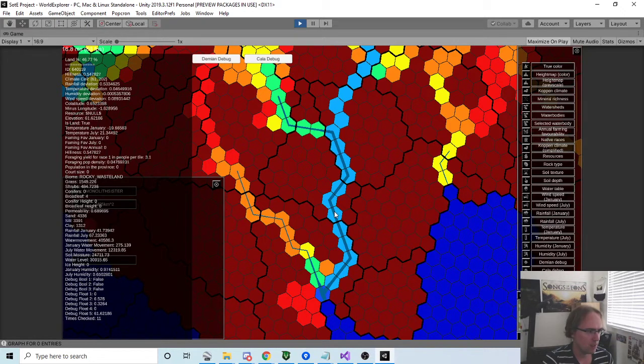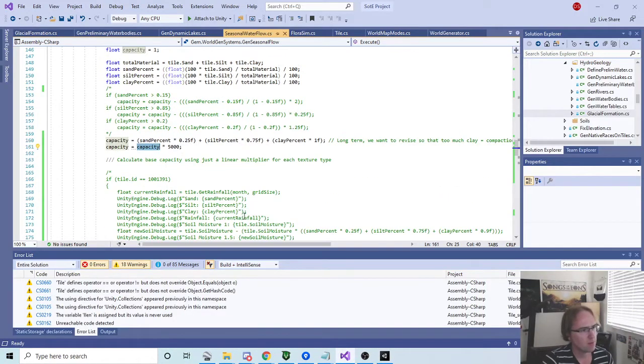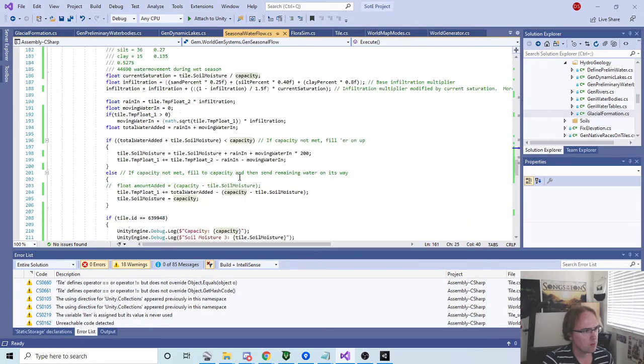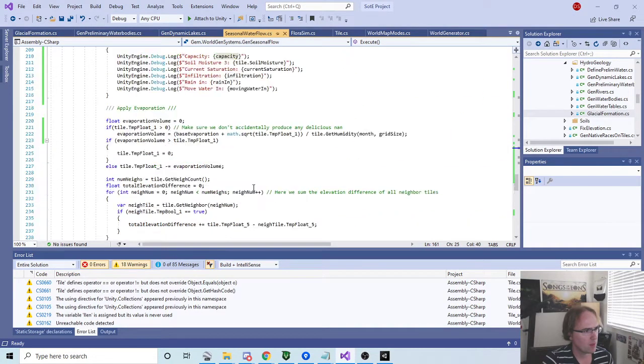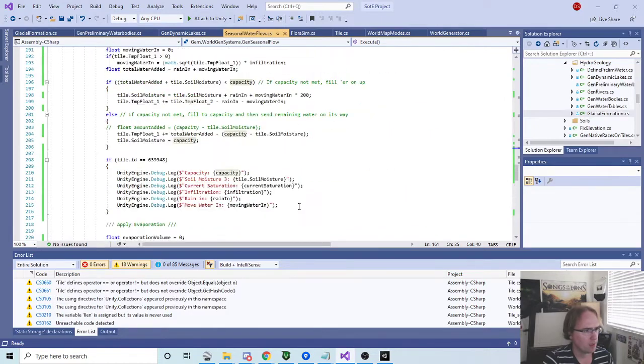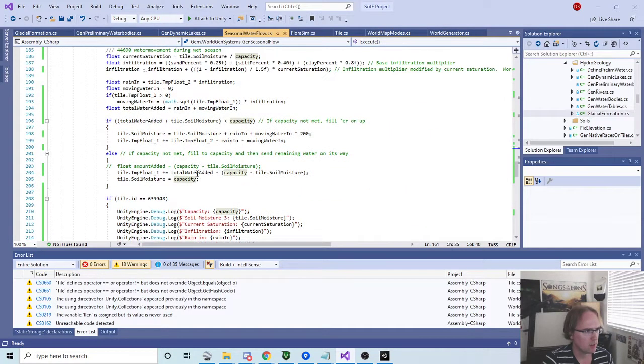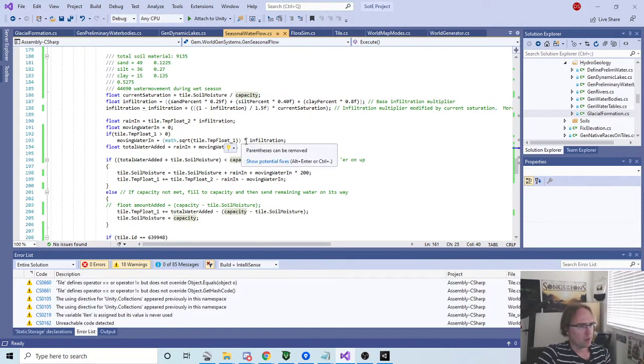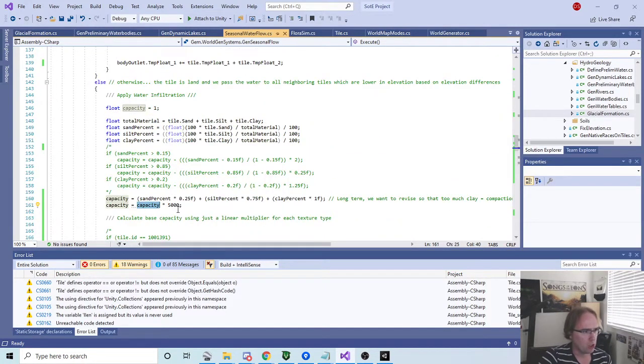And now we have radically high soil moisture here. But the capacity, it shouldn't be possible to exceed the capacity, which is what's confusing me.